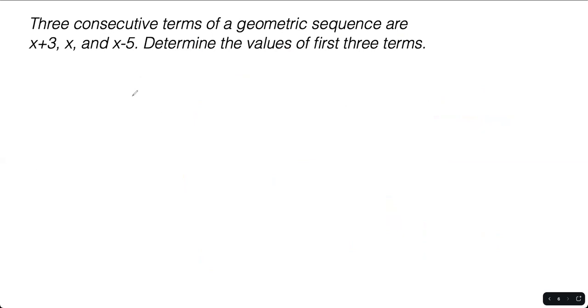Now, let's take an example of a geometric sequence. Let's say 3, 6, 12. If that's the case, we know 6 divided by 3 is the common ratio. Also, 12 divided by 6 is the common ratio. 6 divided by 3 is 2, and 12 divided by 6 is 2.